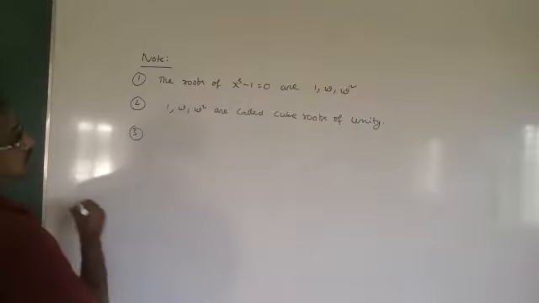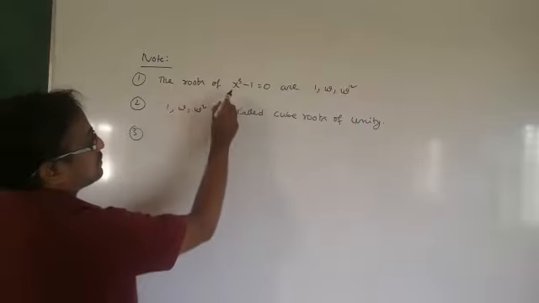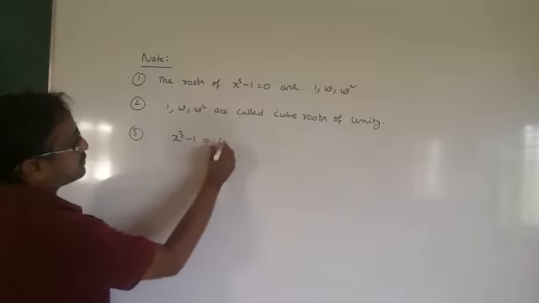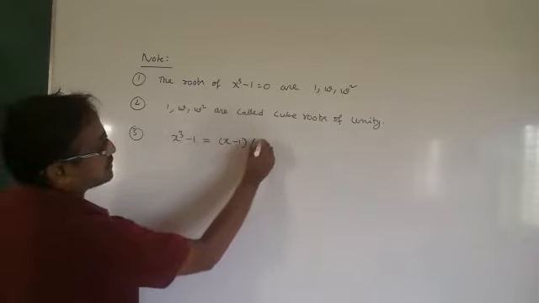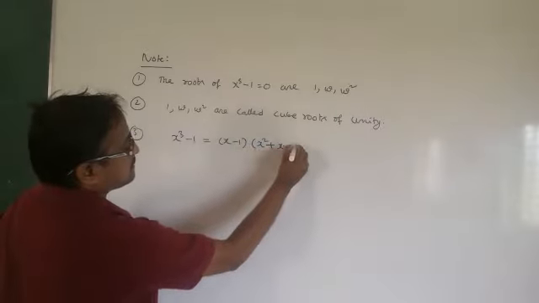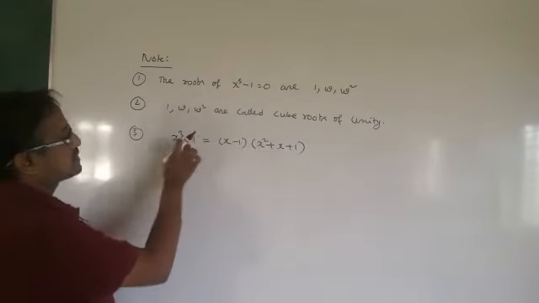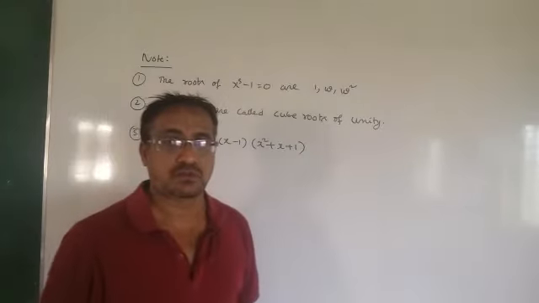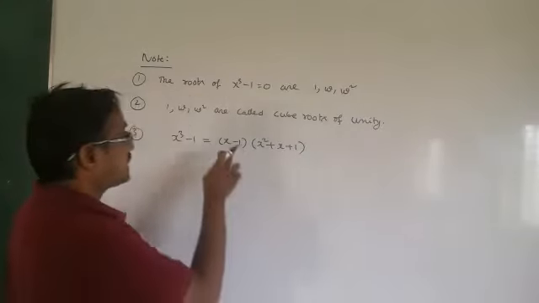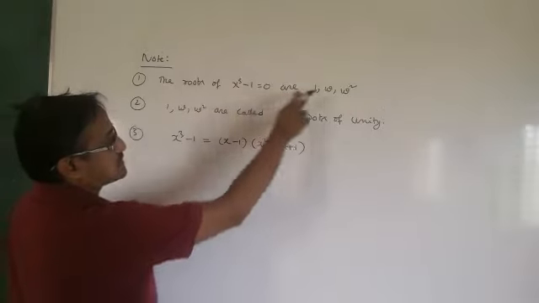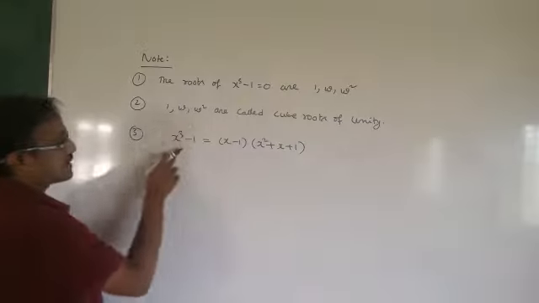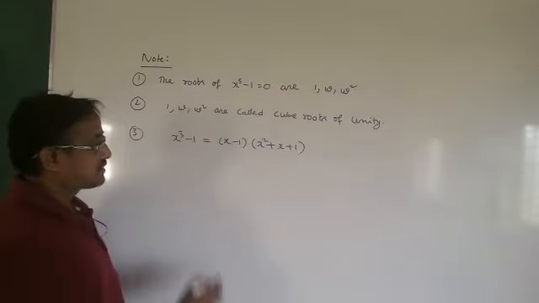Now another important point. x cube minus 1 is equal to (x minus 1) into (x square plus x plus 1). Now this polynomial can be written as the product of these two polynomials. Now clearly 1 is a root of the equation, omega is a root of the equation, and omega square is also a root of the equation.